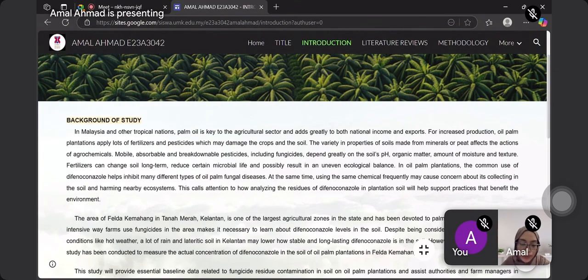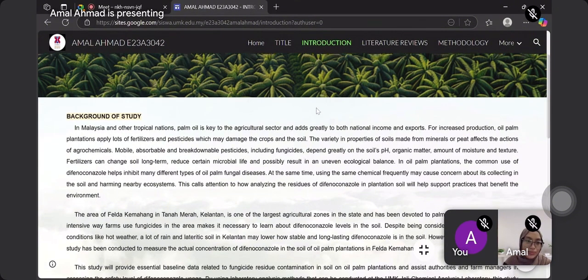The study provides baseline data to support reduced fungicide use and more sustainable farming practice, with lab tests conducted at UMK.